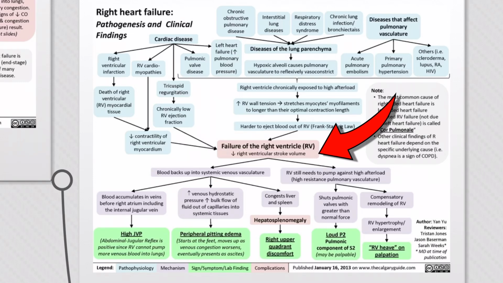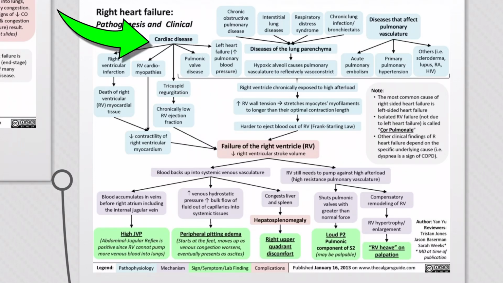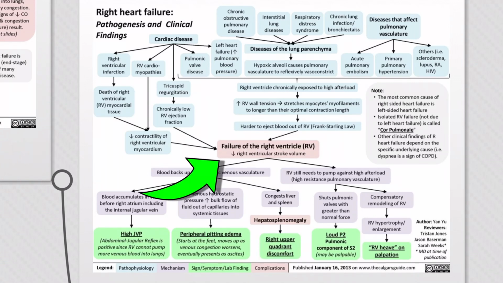On the other hand, there's cardiac disease. Anything involving right-sided valvular disease, like pulmonic valve and tricuspid valve disease, and even right ventricle infarction can lead to decreased contractility of the right ventricle. So that will also lead to failure of the right ventricle.